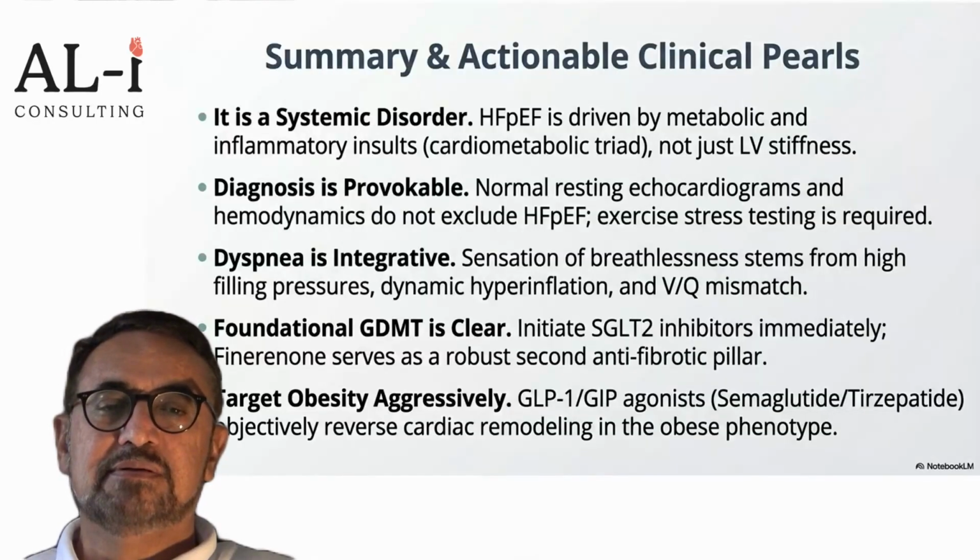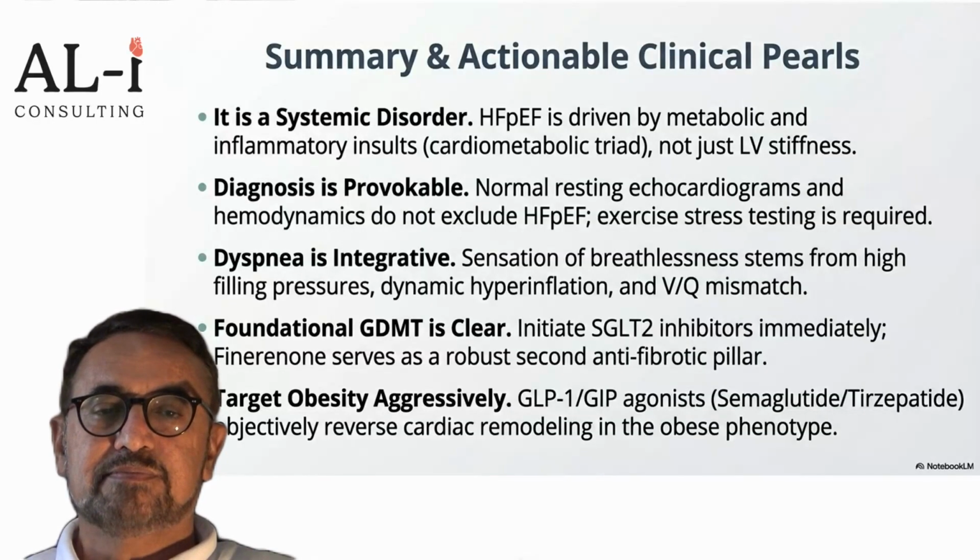Summary and actionable items. Here are 5 take-home points. First, HFpEF is a systemic disorder, not just a stiff ventricle. Second, diagnosis is often provocable, so normal resting studies do not exclude the disease. Third, dyspnea is integrative.